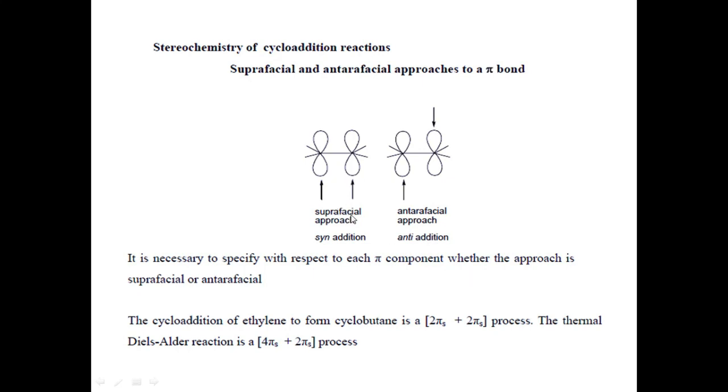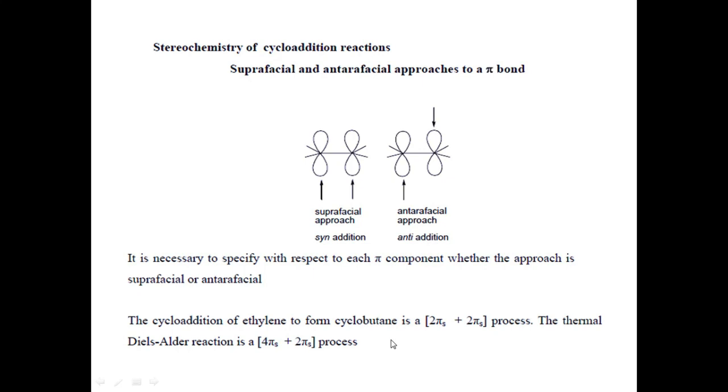Here the suprafacial approach is syn addition, and just the opposite, the antarafacial approach is anti addition. So it is necessary to specify with respect to each pi component whether the approach is suprafacial or antarafacial. The cycloaddition of ethylene to form cyclobutane is a 2 pi s plus 2 pi s process.